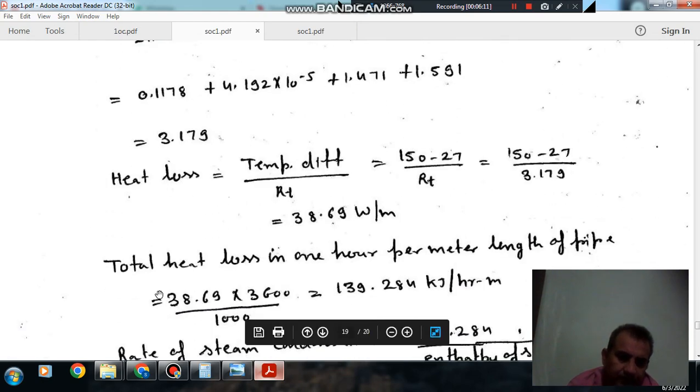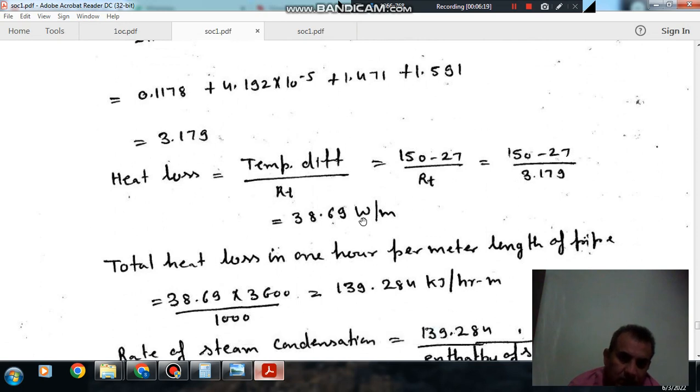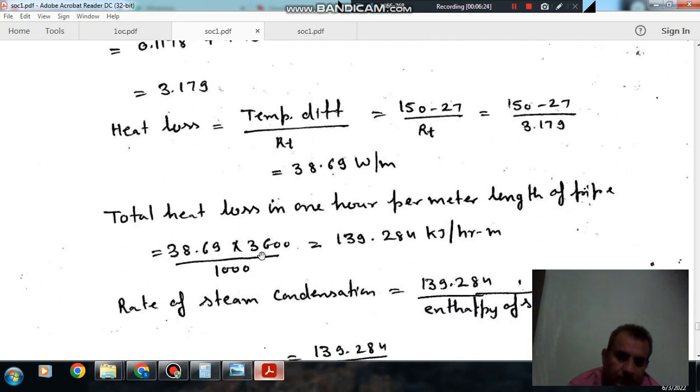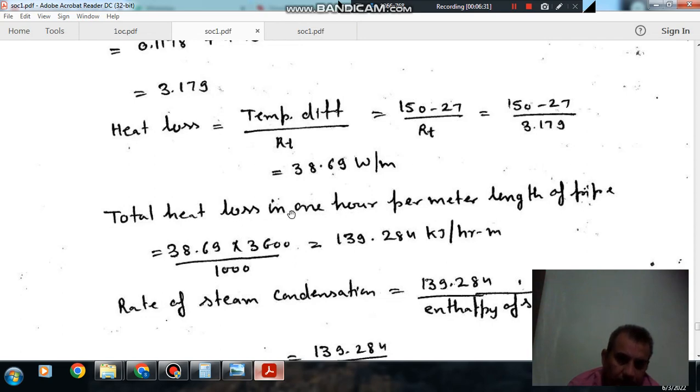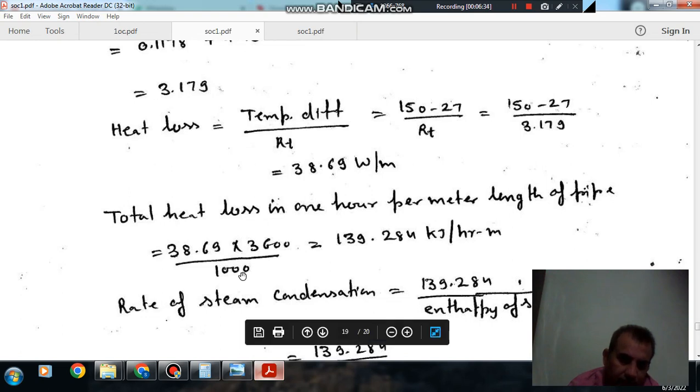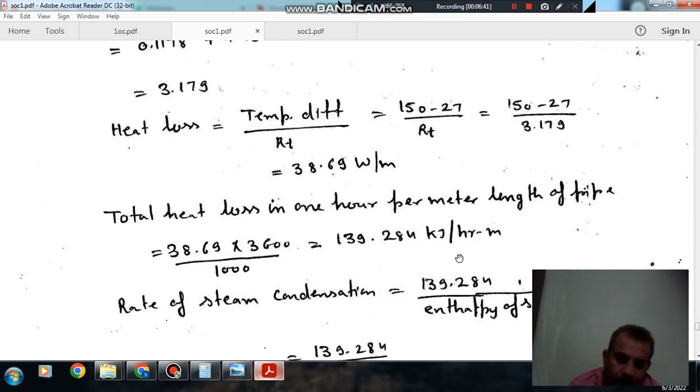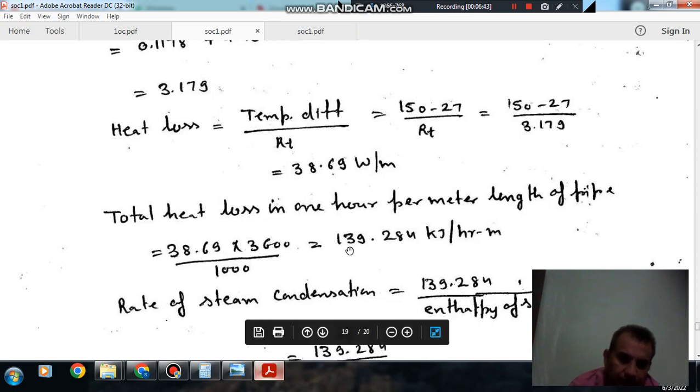The watt means joule per second, so that is the heat loss in 1 second per meter length. And in 1 hour, the heat loss will be converted into kilojoule by dividing by 1000 and multiplying by 3600, to get kilojoule per hour. So that is the total heat loss in kilojoule per hour per meter.